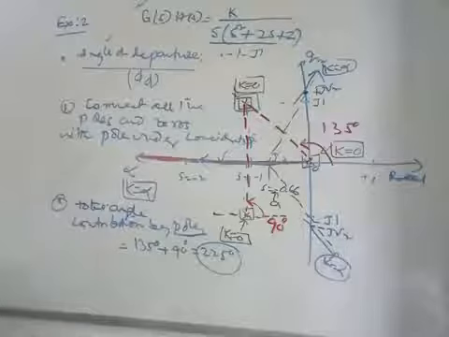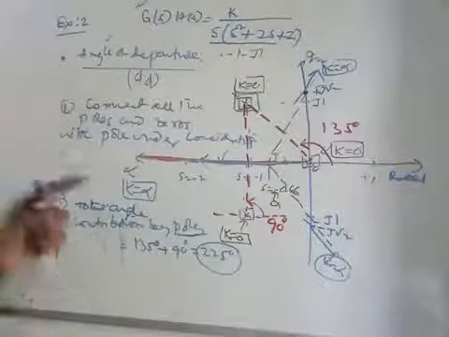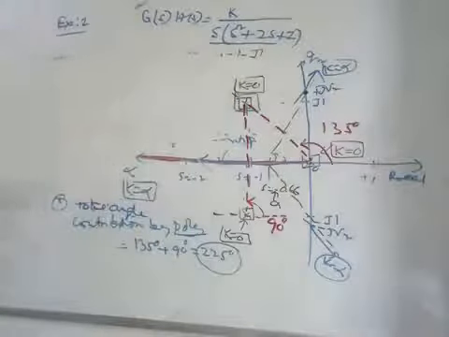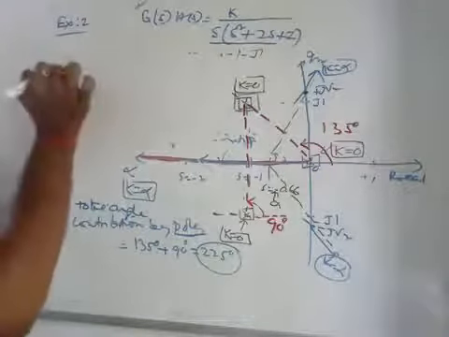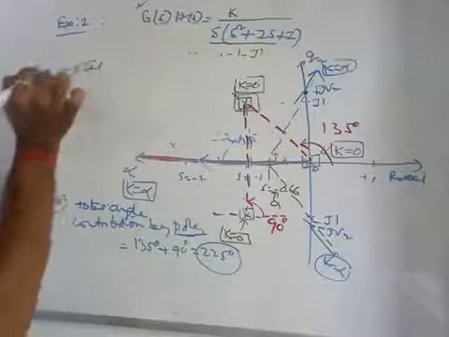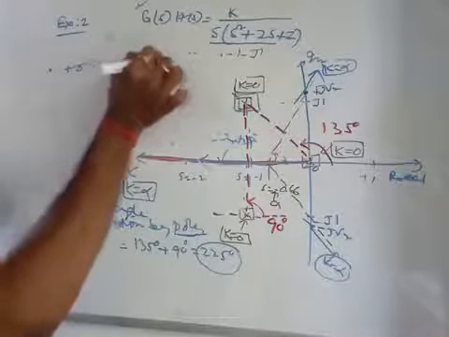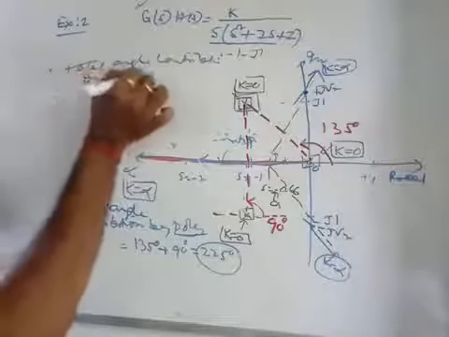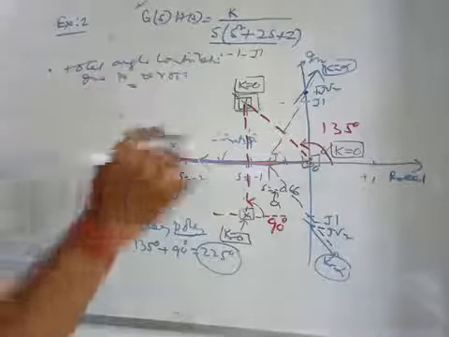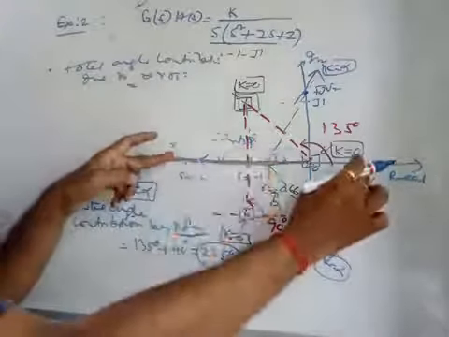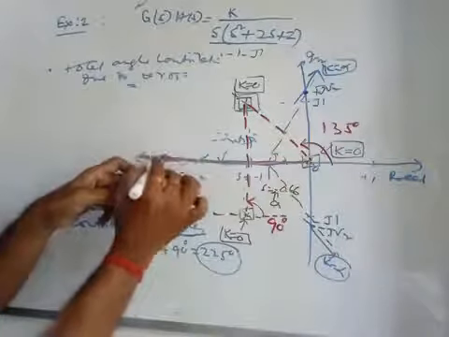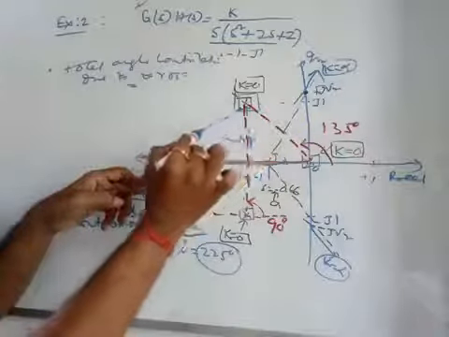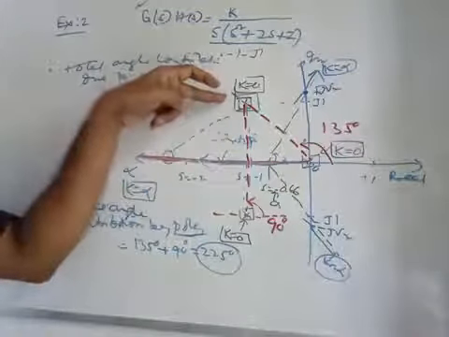Similarly, next step we have to find out the total angle contribution due to zeros. So I will just remove it. So the total angle contribution due to zeros. That means if there are any zeros, if there was a zero, say for example, then what you have to do? You have to connect this pole with this zero, because this is your pole under consideration.